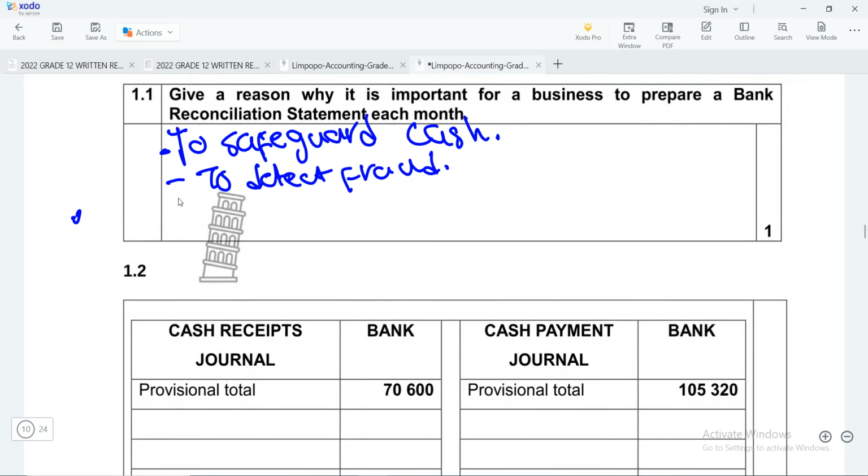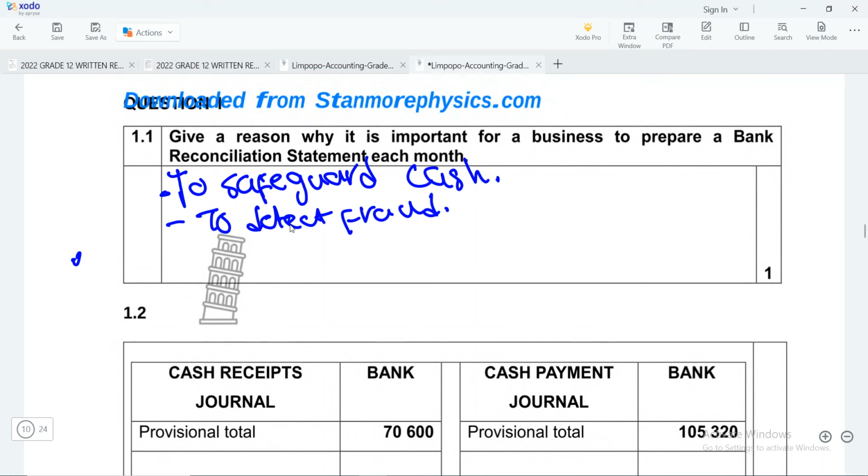So that could also be the reason: to record things that were not recorded, and to also correct errors. Okay, so you can choose any of the relevant reasons that you may think about. But remember, here they just wanted us to give one reason. So if it's just one mark, give one reason and move on to the next question.